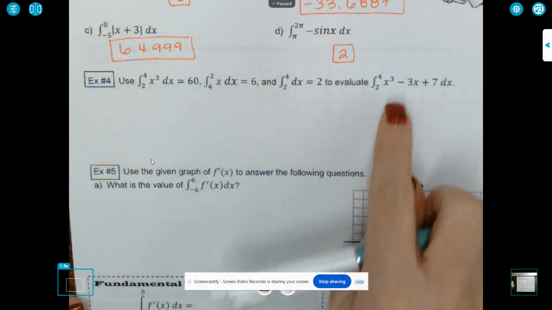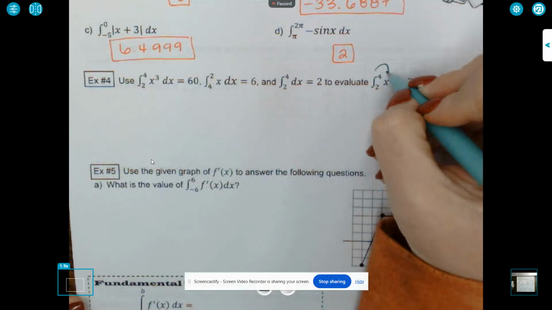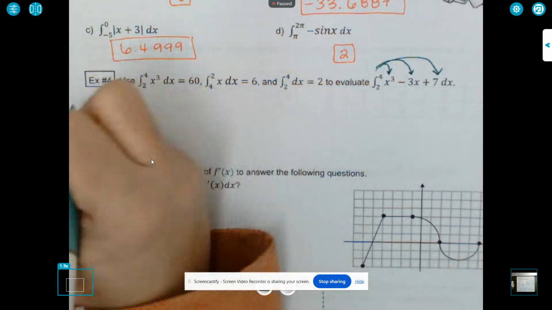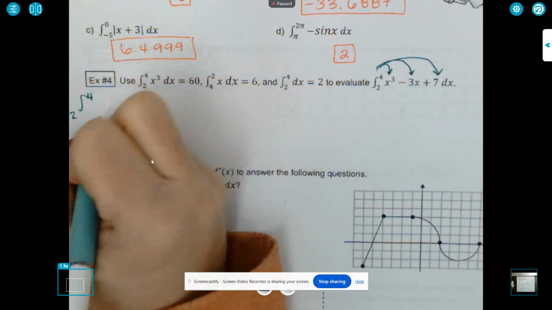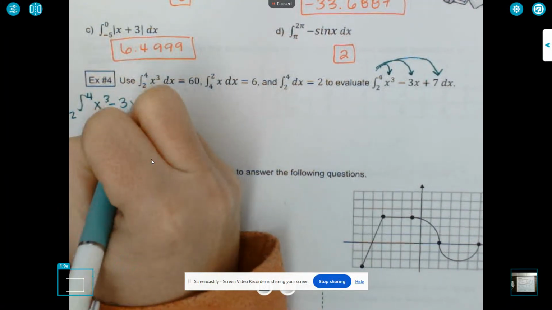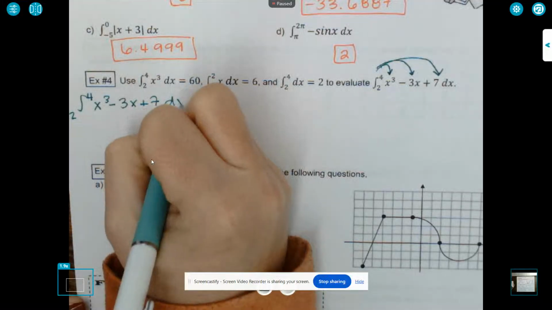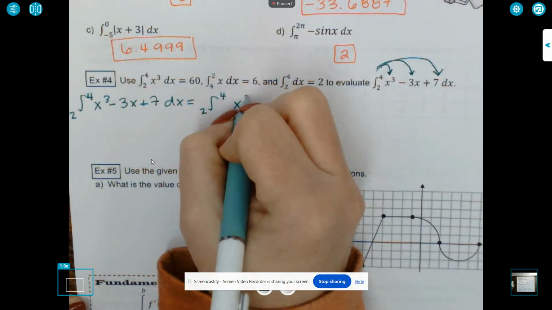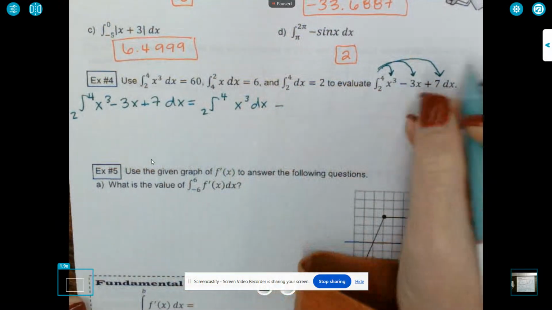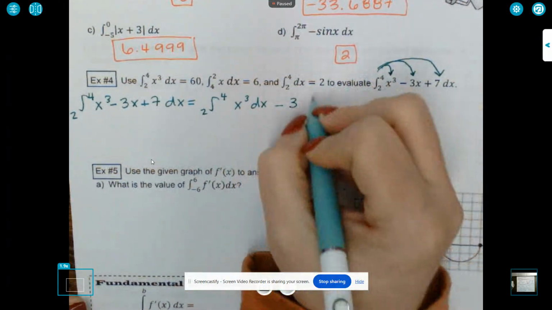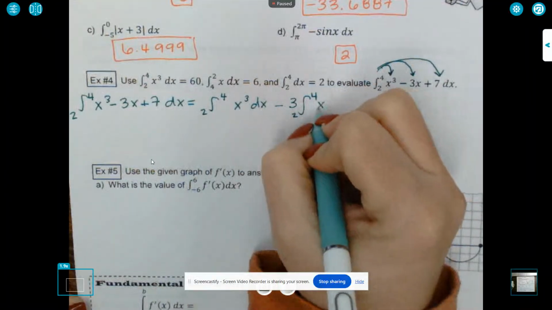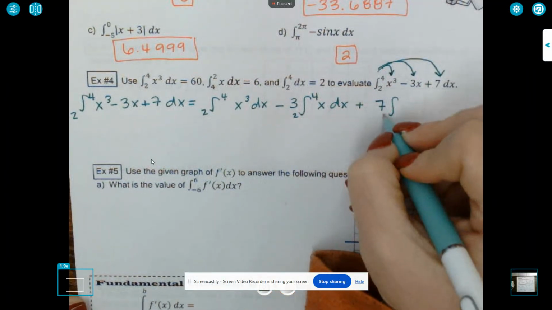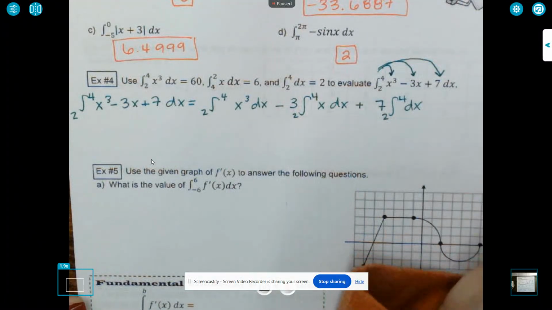Okay, so ultimately I can do each one of these individually. If I do that, the integral from 2 to 4 of x cubed minus 3x plus 7 dx would equal the integral from 2 to 4 of x cubed dx minus, we can pull the 3 out front, the integral from 2 to 4 of x dx plus, pull the 7, the integral from 2 to 4 of dx.